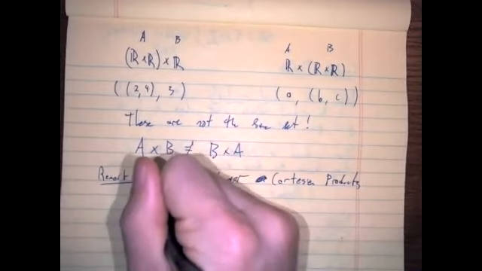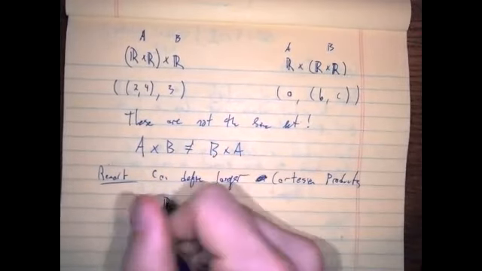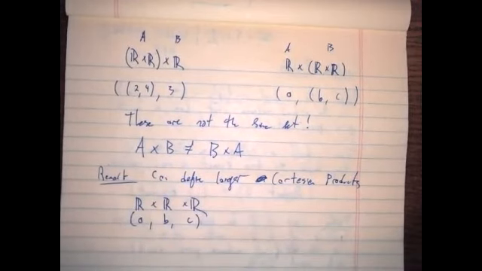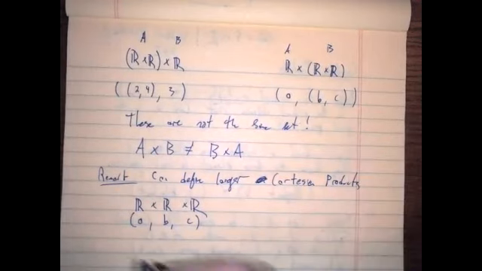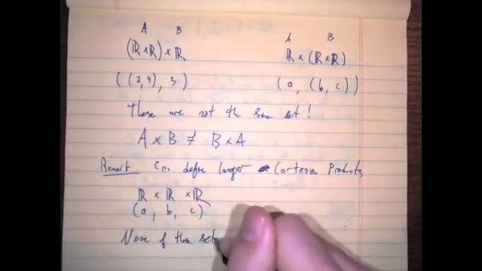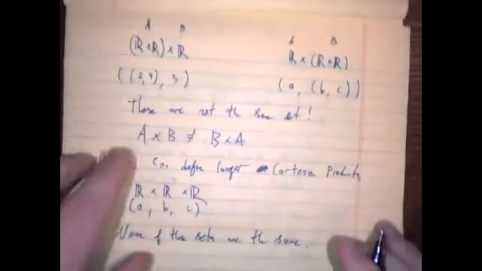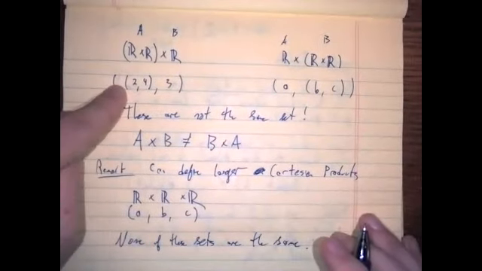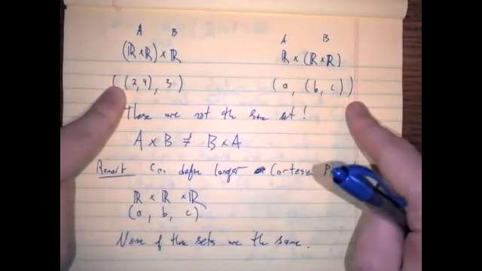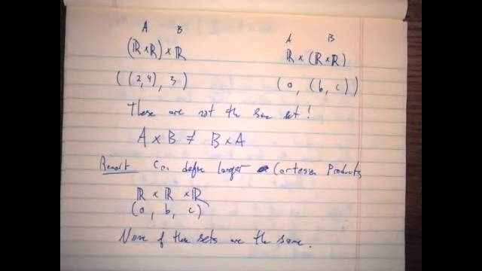So I can also define R cross R cross R, and here this is genuinely tuples A, B, C. None of these sets are the same. Right? Here, the elements of this set are ordered tuples. Here, the elements of this set are also ordered tuples. Here, the elements are ordered triples.